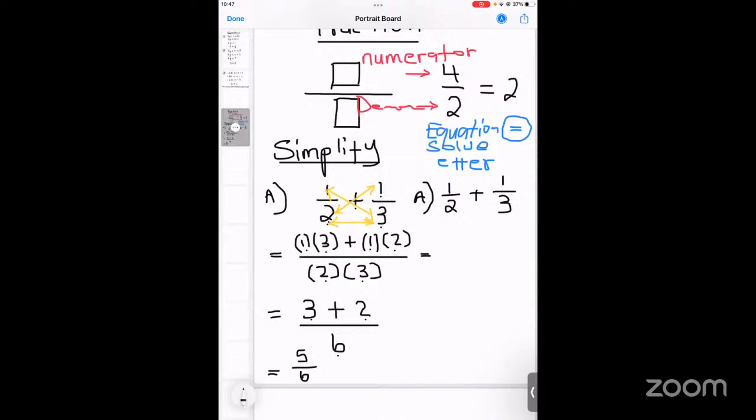Next to the 1/3 you write 3 times 2, and for the numerator you write 1 times 2, so that it gives you the same denominator. So this equals 3/6 plus 2/6, which equals 5/6.